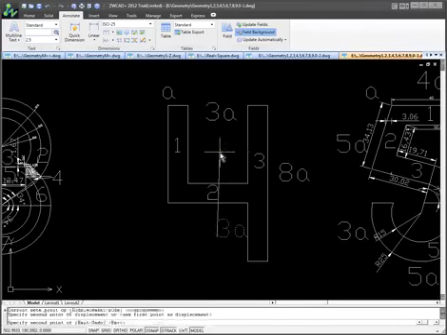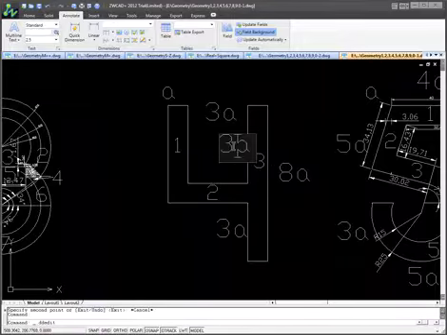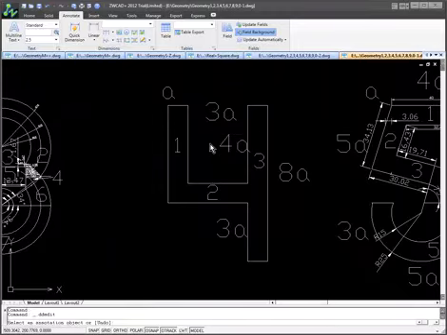So this is 4A here, you can see in vertical position. So this is 3A, this is 4A, and this is 3A, this is 4A, this is 3A, this is 4A, this is 5A. So all dimensions are clear, and we are going to use this unit dimension here.